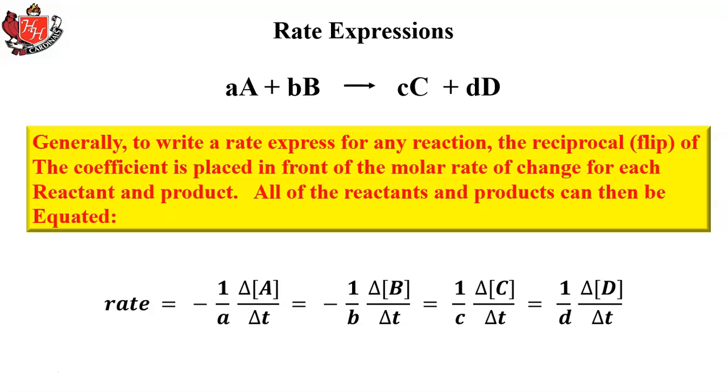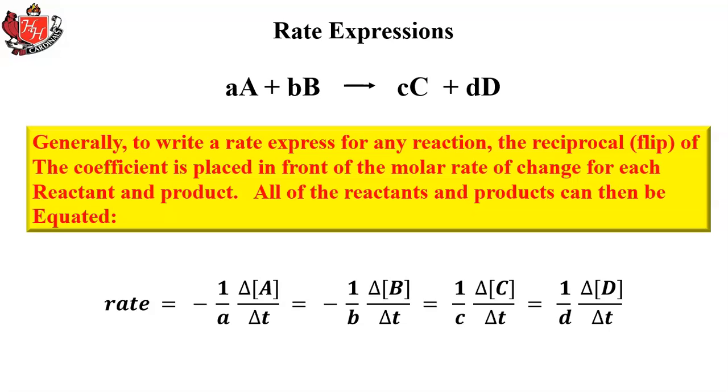In other words, it's some coefficient, small letter, in front of some compound. And that gives you the products: aA plus bB gives you cC plus dD. So generally, to write a rate expression for any reaction, you take the reciprocal, that is, you flip the coefficient, and you place it in front of the molar rate of change of each reactant and product.